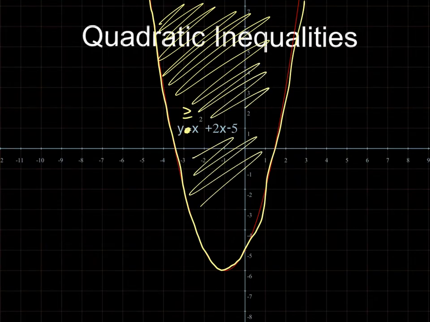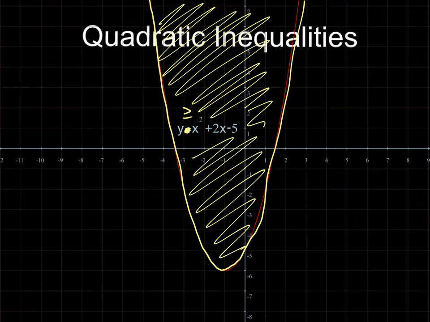All of these values make a true statement. If I sub the x and the y in, then the y is greater than x squared plus 2x minus 5 or equal to. All right, so as with the straight lines, I wanted to start with just a picture first and then get to the kind of equations and inequalities we're going to be solving.